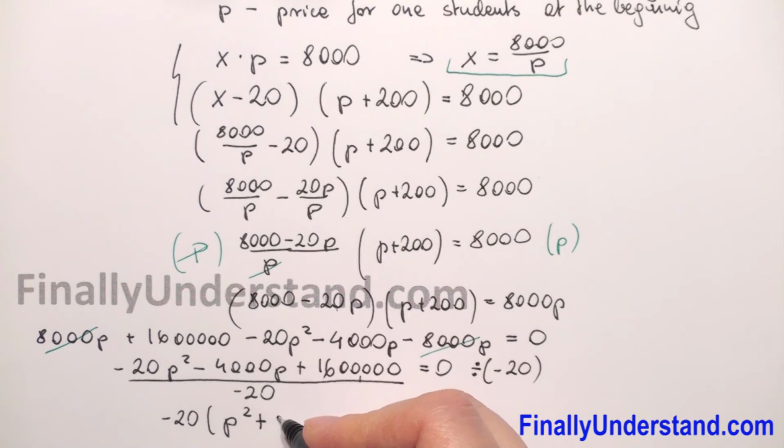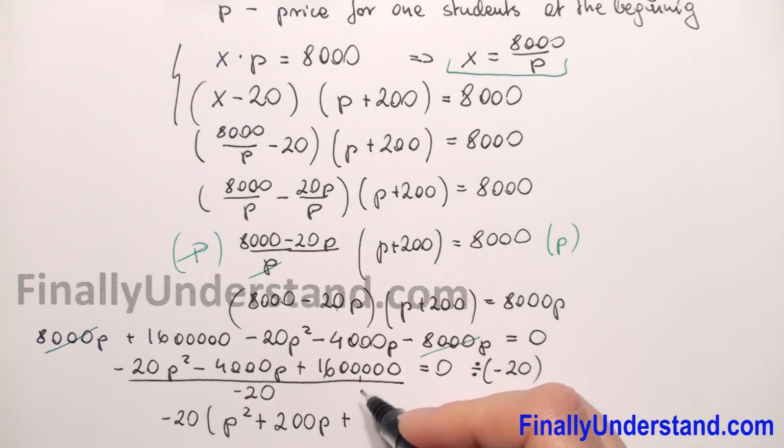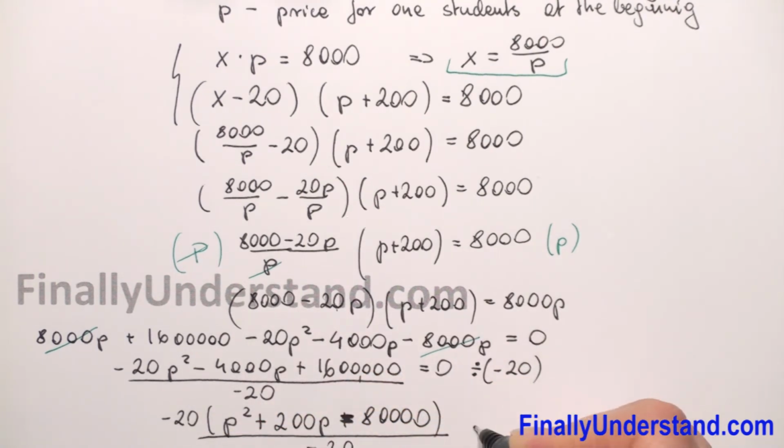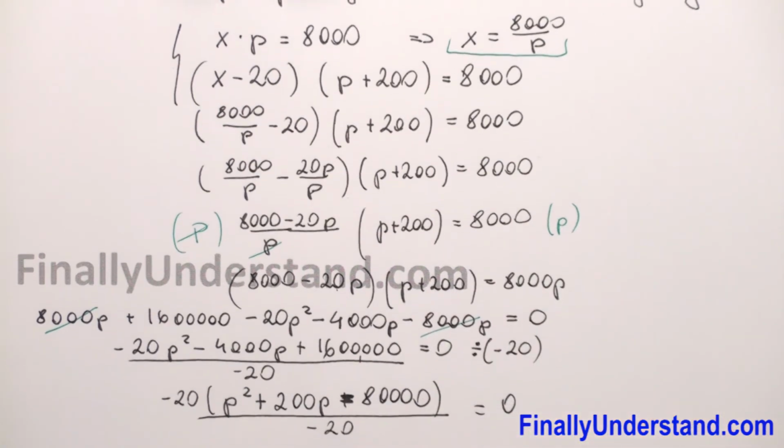Then 4,000P, I take 20 before the parentheses, so we have only 200P, and because I took the negative sign, so now it will be negative. And we take 20 before the parentheses, so 16 divided by 2 will be 8, and we have only 4 zeros, all over negative 20. 0 divided by negative 20 is 0.